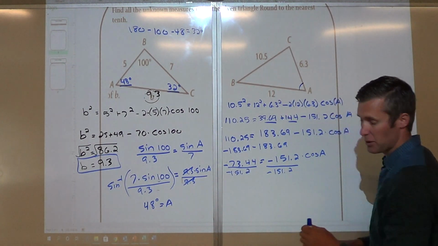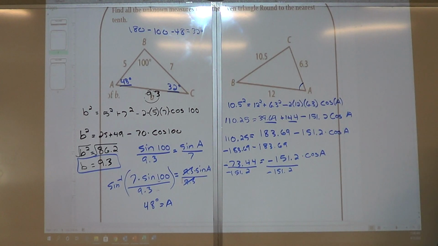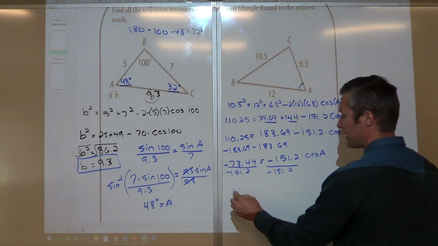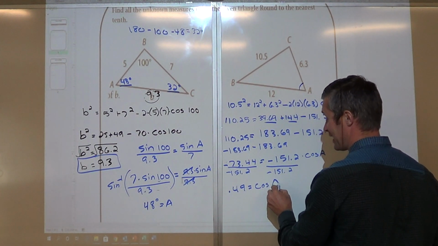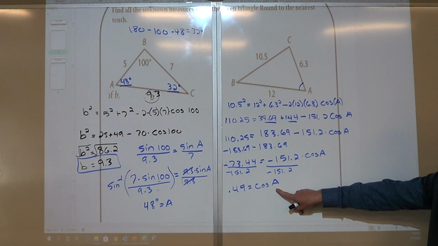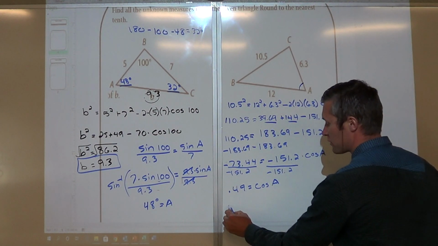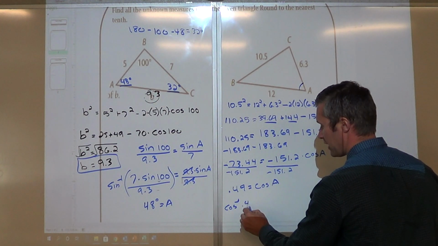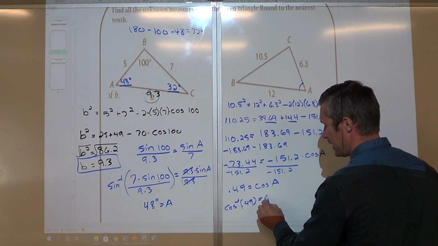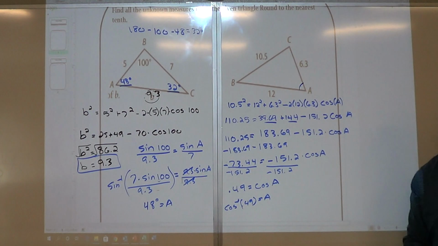When I divide, this is equal to 0.49 equals cosine A. So again, if I want to take the cosine of an angle and it's unknown, I'm going to do the inverse cosine. So it's going to be cosine inverse of 0.49 equals A. And so we know that that angle measurement now is 61 degrees.